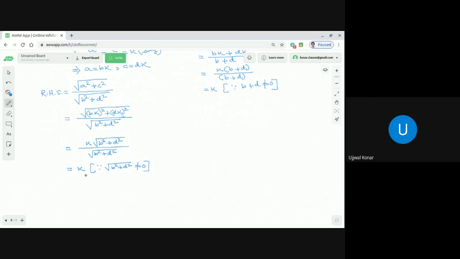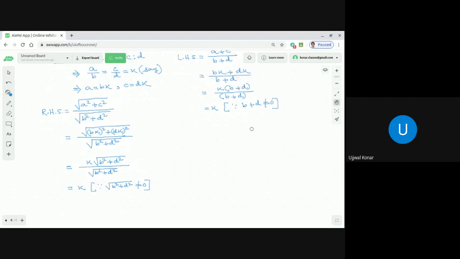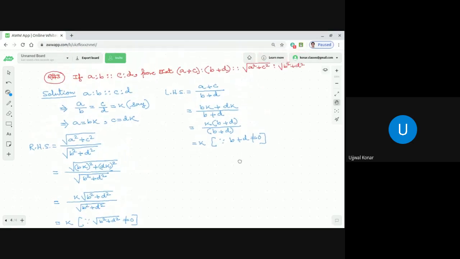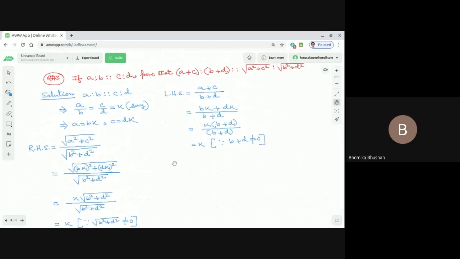So now if you combine these two, we get left hand side is equal to right hand side, correct or not? So what we get is left hand side is equal to right hand side.